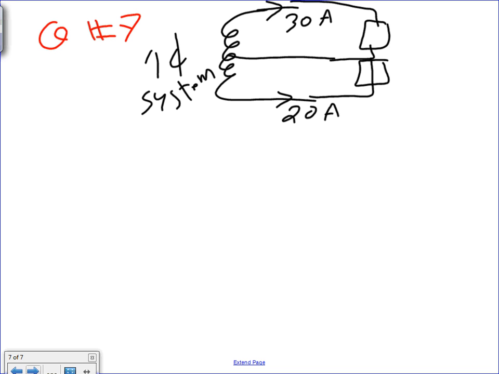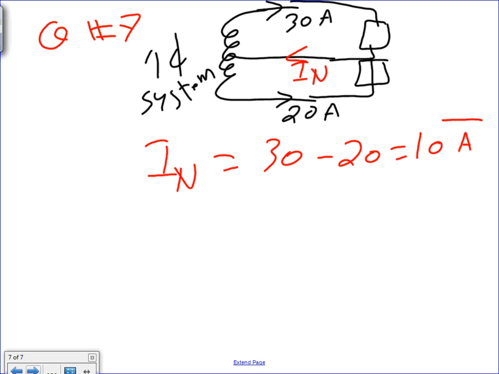My question for you, my friend, is to find the current I neutral. That's a piece of cake, right? Single phase, remember. I neutral equals 30 minus 20 equals 10 amps. Done. Very easy, straightforward, no gimmicks, nothing.